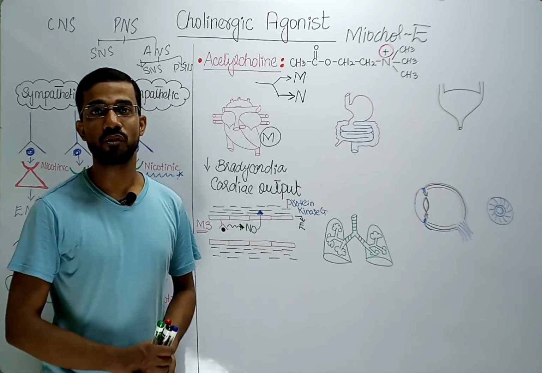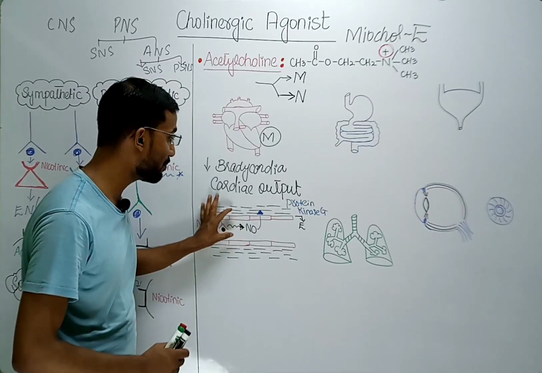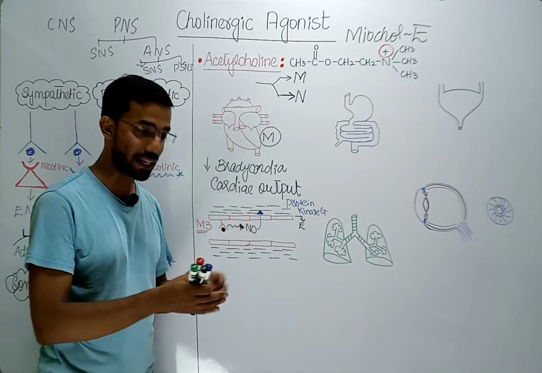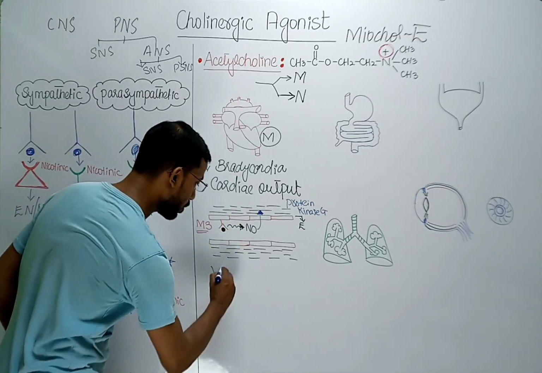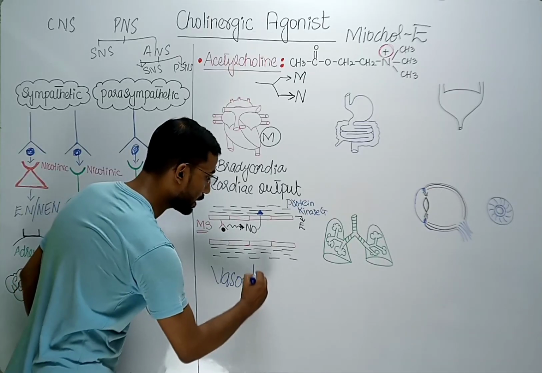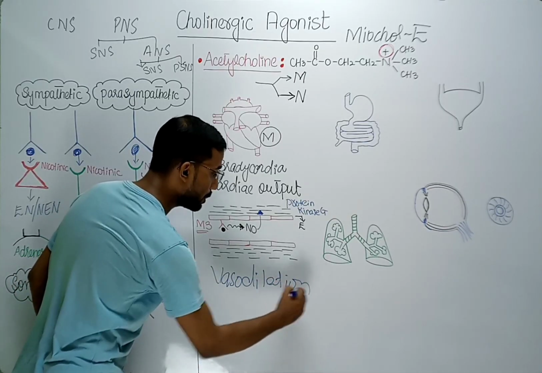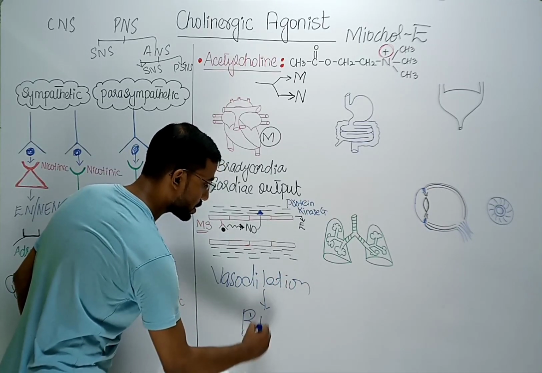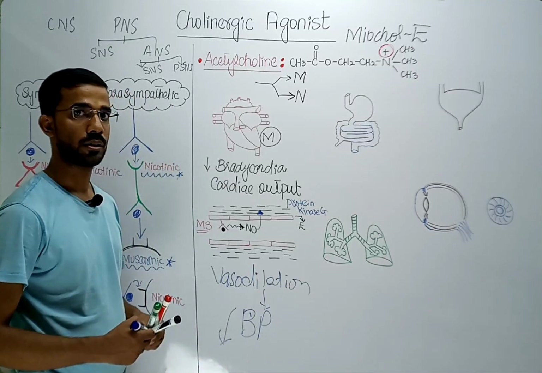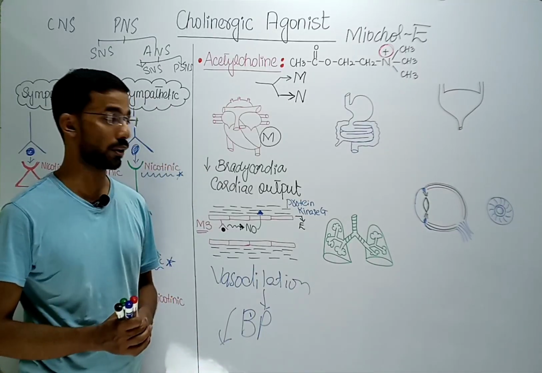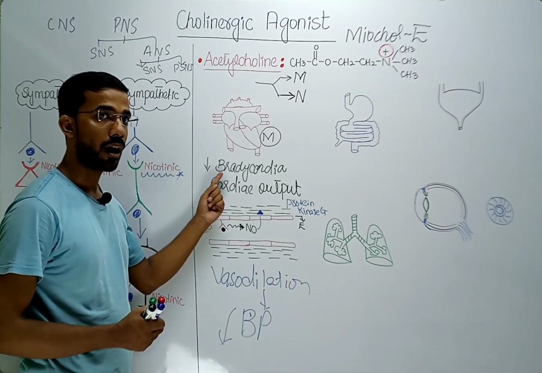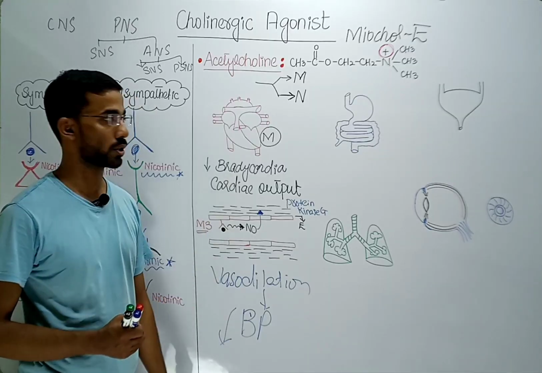After the relaxation of the smooth muscles, you will see vasodilation, and due to the vasodilation, ultimately the blood pressure starts reducing. So this is the effect of acetylcholine: decrease in the heart rate, decrease in the blood pressure.